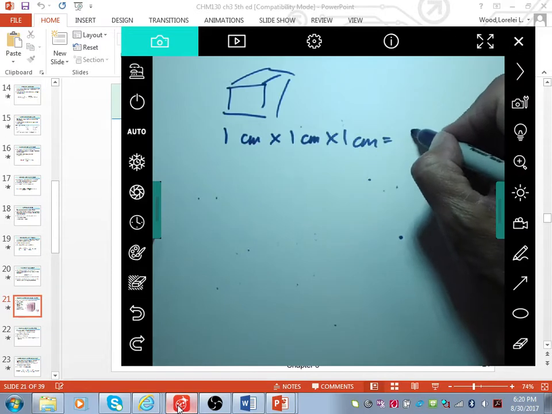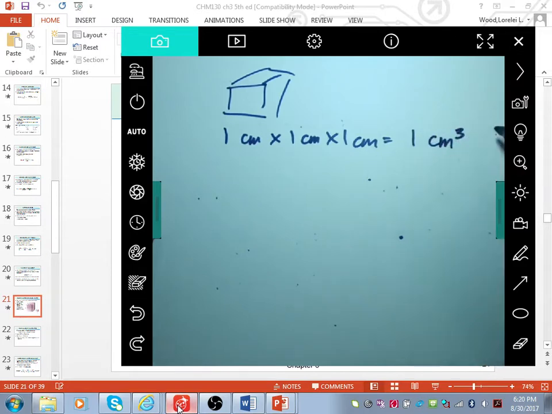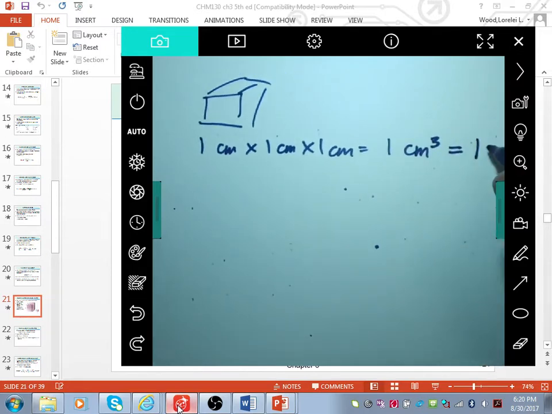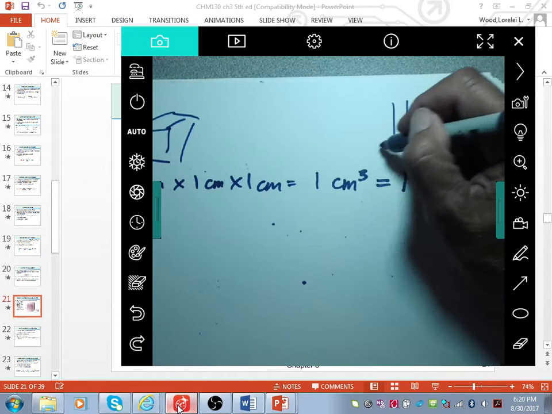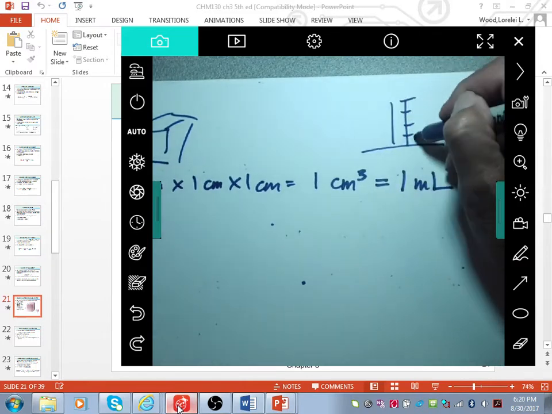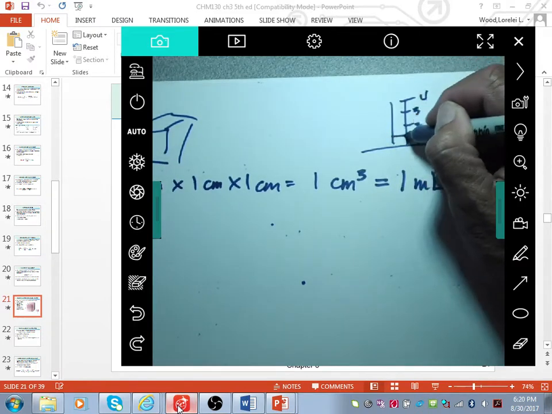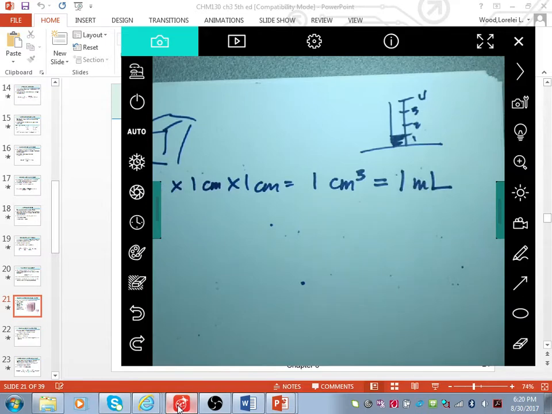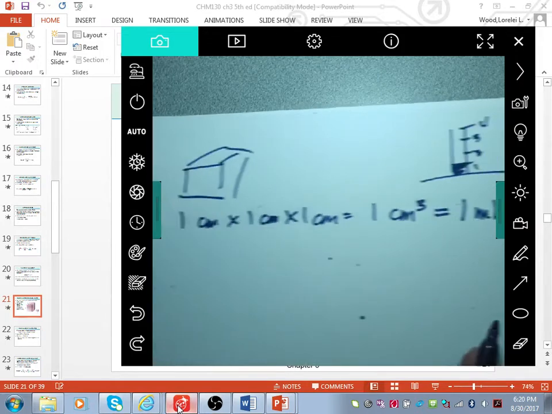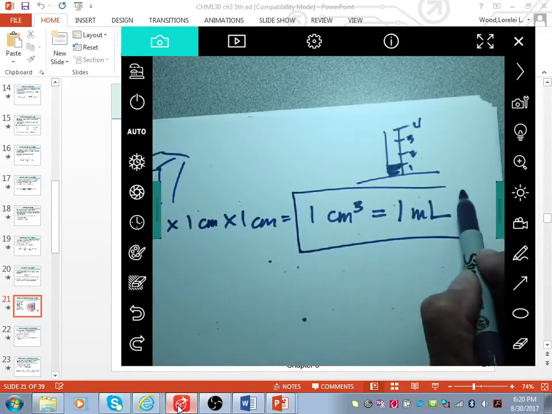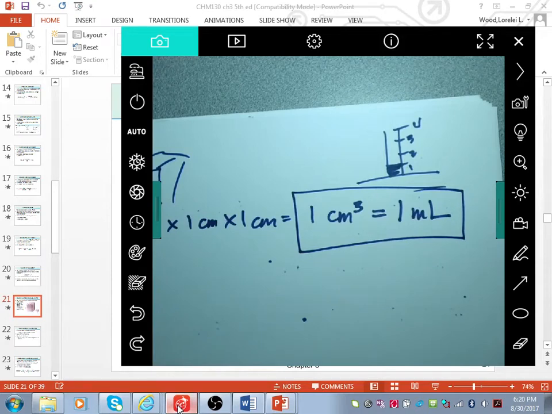That is a centimeter cubed, and that's equal to a liquid volume of 1 milliliter. When we pour 1 milliliter into a graduated cylinder, if I took that 1 milliliter out and put it in a box that was 1 by 1 by 1, it would fit exactly.